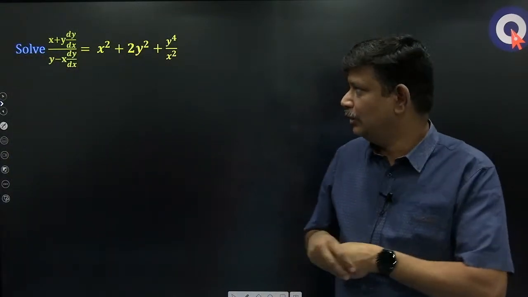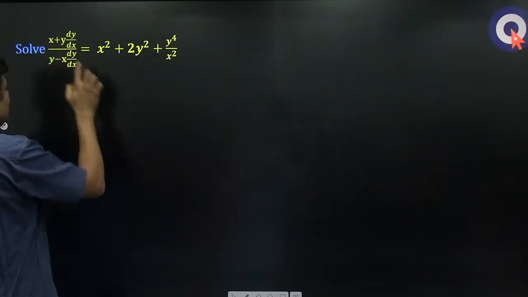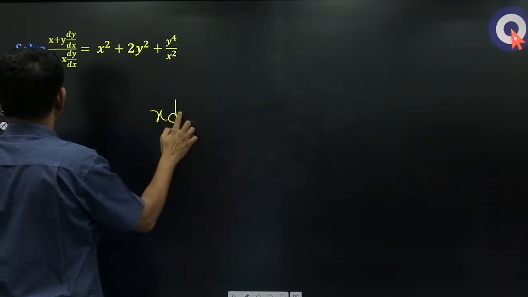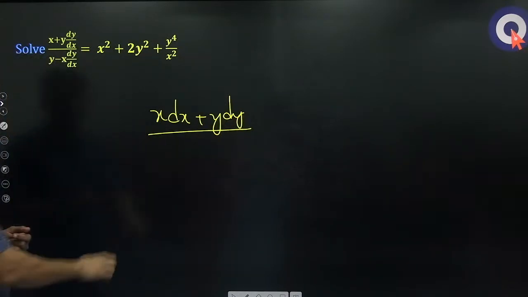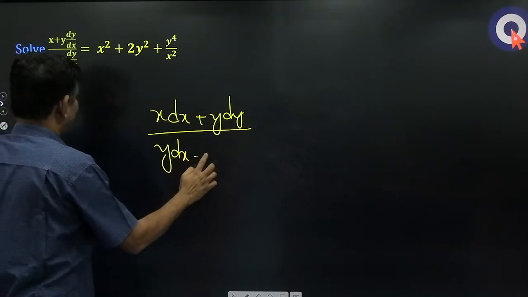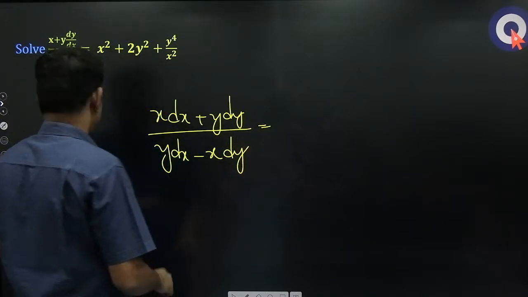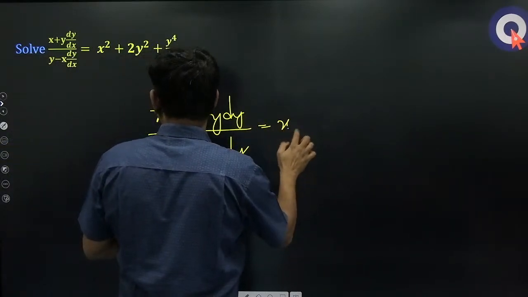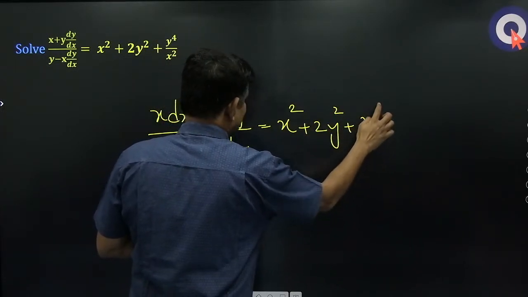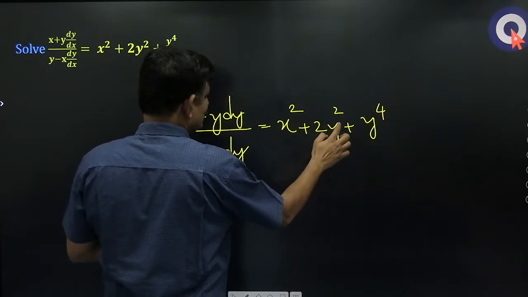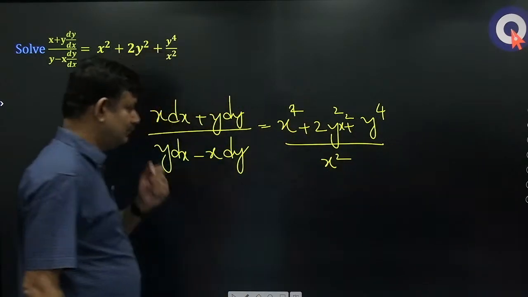Okay? Now, next one looks slightly more complicated. यहाँ पे थोड़ा segregate करके देखो. It is x dx plus y dy divided by y dx minus x dy is equal to x square plus 2y square plus y power 4 by x square. ऐसे लिख देता हूं.